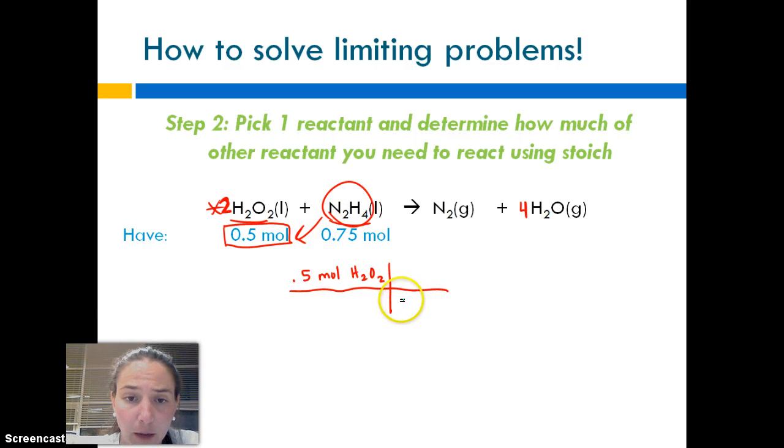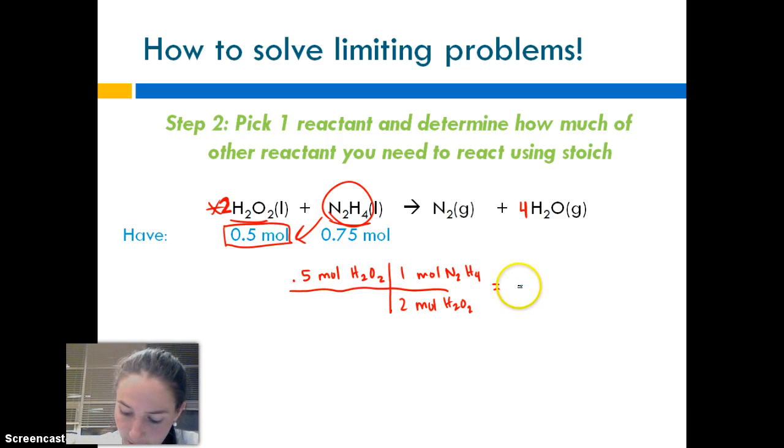So our mole ratio is 2 moles of H2O2 for every 1 mole of N2H4, which means that I need 0.25 moles of N2H4.